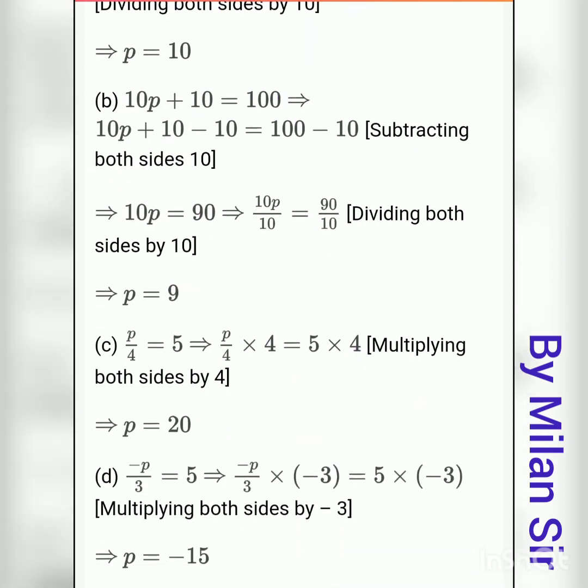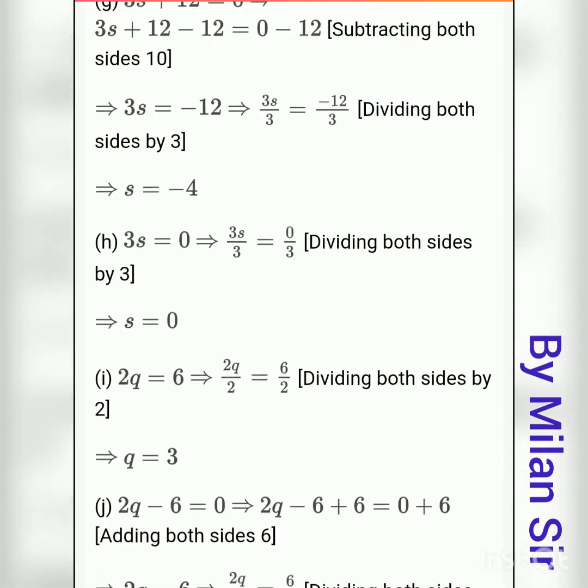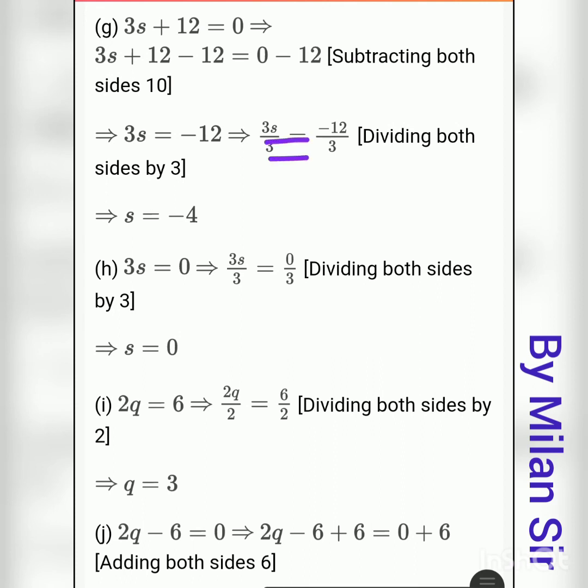So students, if you want to change the sign, what do we need to do? If you want to change the side, the plus sign becomes minus here, and the minus sign becomes plus here. Multiplication becomes division, and division becomes multiplication.